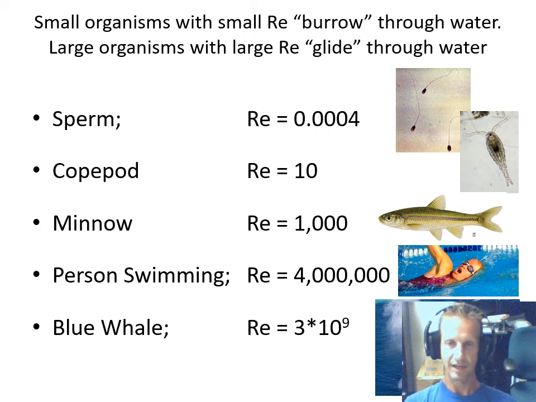We're not very streamlined, but we do have a large Reynolds number, and that allows us to streamline ourselves and cut through the water decently well when we're swimming. But then the masters of cutting through the water and gliding through the water would be large organisms like a blue whale, which has a very large Reynolds number and is able to very smoothly and efficiently pass through the water at high speed.